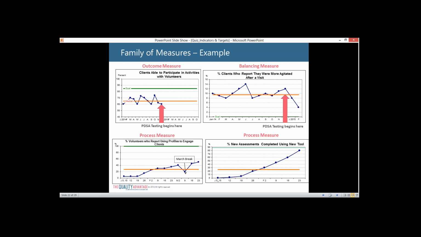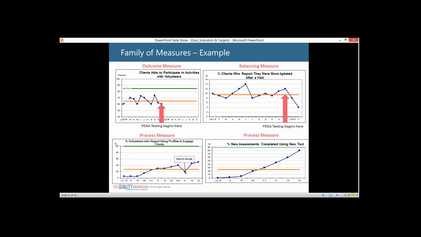The chart on the top right is one for a balancing measure. And so clearly if the goal was to engage these clients in a meaningful way, an unintended consequence would have been them being more agitated after the visit than before the visit. And so clearly the target here would be 0.